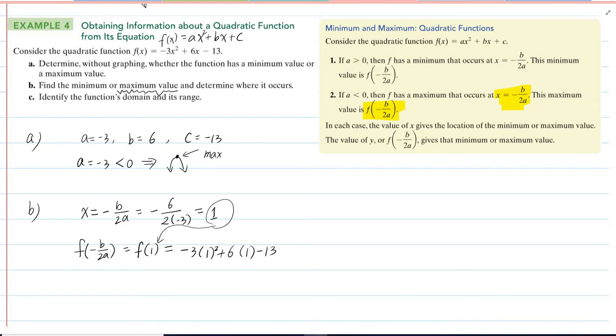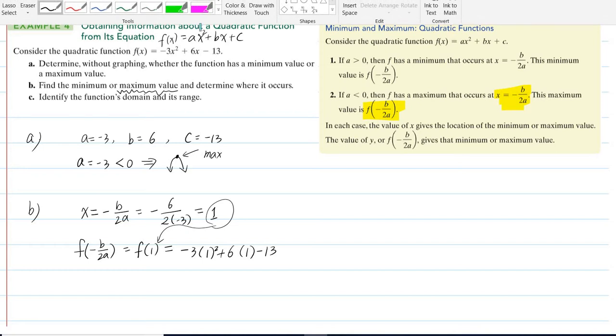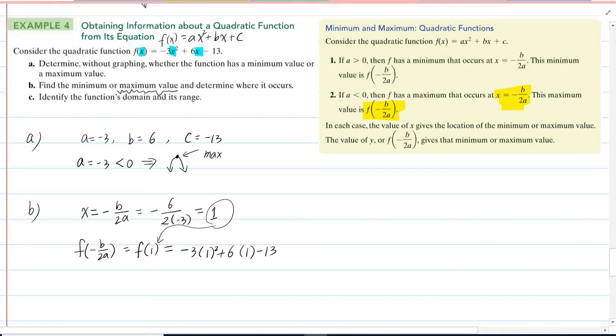If you don't know what I'm doing, let me highlight it: I'm replacing my x with 1 to evaluate the function. You can do the math, and that gives negative 10. Then we say the maximum value is negative 10 at 1. So right there is negative 10, and it occurred at 1.